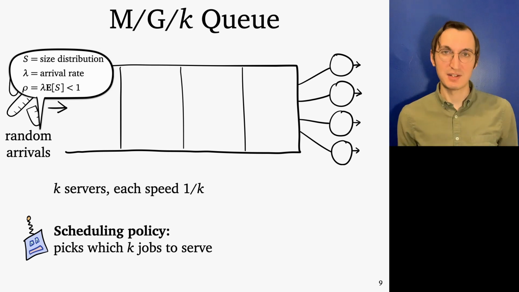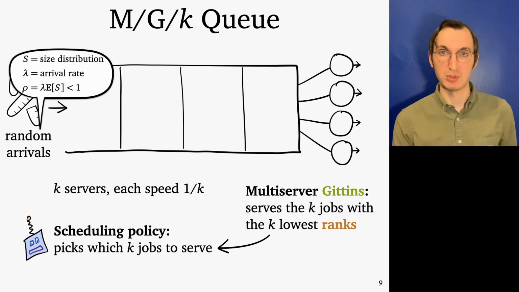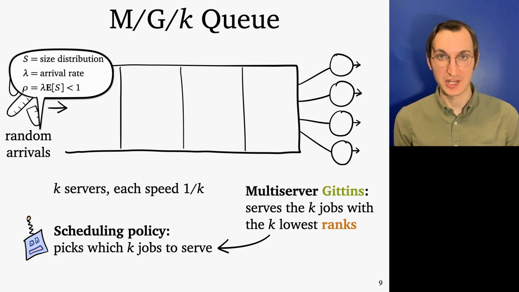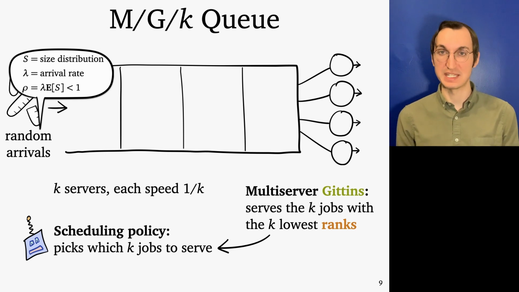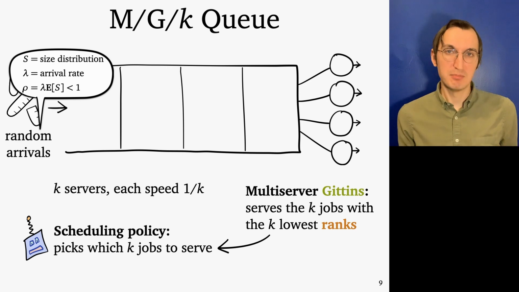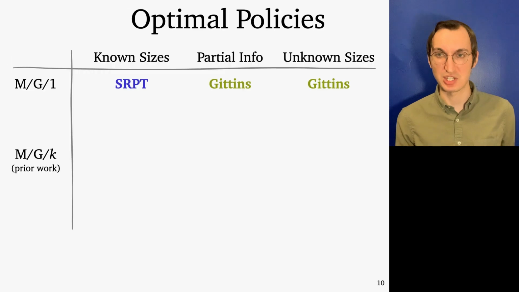But we can imagine designing multi-server versions of SRPT and Gittins that might be good in the M/G/k. For example, multi-server Gittins would serve the k jobs with the k lowest ranks instead of the single job of least rank. Similarly, multi-server SRPT would serve the k jobs of least remaining size. And so we might ask, are multi-server Gittins and multi-server SRPT good policies in the M/G/k?